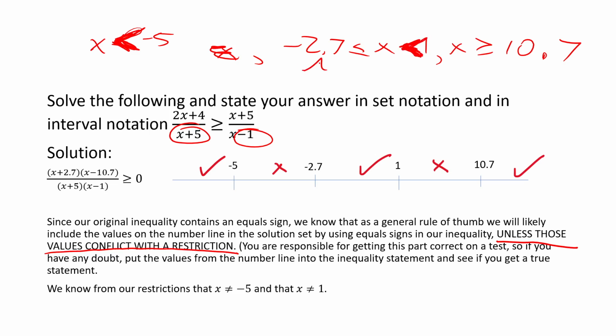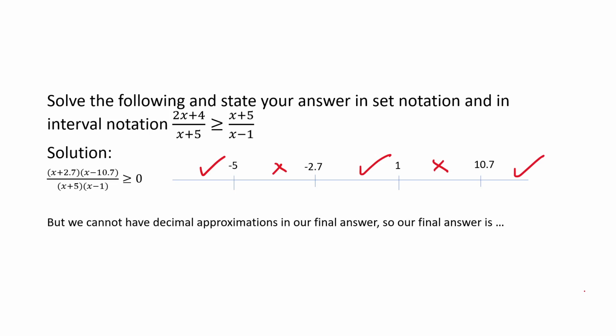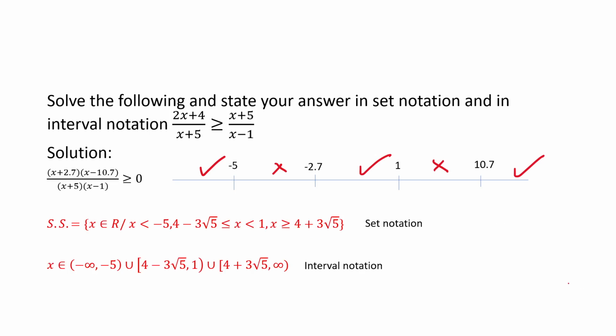And not only that, but we have to get rid of these decimal approximations and put in the actual numbers. So before getting rid of those decimal approximations, we have this solution set here and this in interval notation, but of course we want exact answers, so we sub in the appropriate values for those decimal approximations, and we get our final answers as shown.